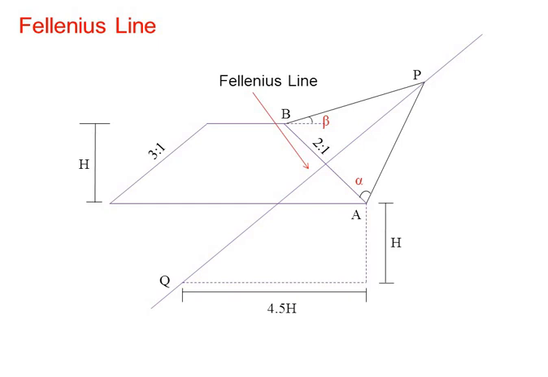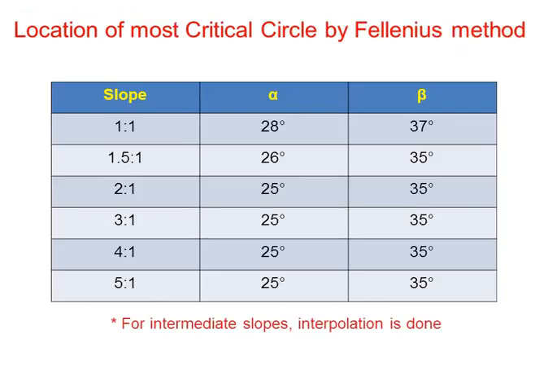A Fellenius line can be drawn by joining two points P and Q. Point P is obtained by the intersection of lines BP and AP drawn at points B and A of the face of the dam. At point A, line AP is drawn at an angle of alpha with respect to the inclined face of the dam, while at point B, line BP is drawn at an angle of beta with respect to the horizontal at B. The angles alpha and beta depend on the slope of the face.